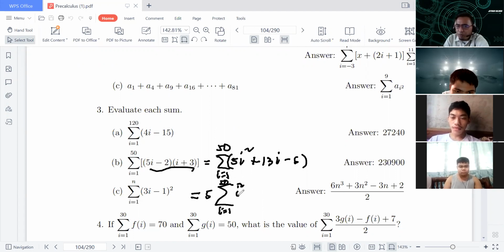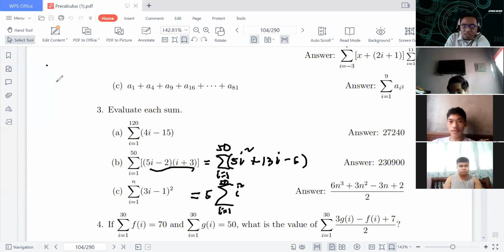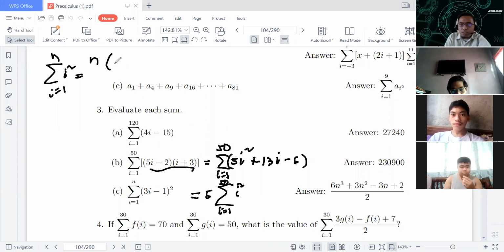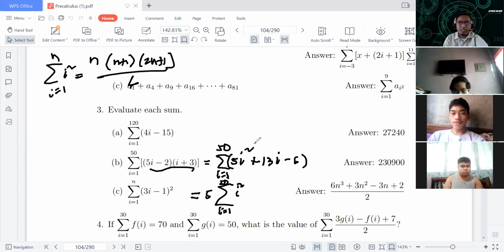Yes, sir. The summation of i squared where i ranges from 1 until n is equal to n times n plus 1 times 2n plus 1 over 6. We'll use this a lot here.